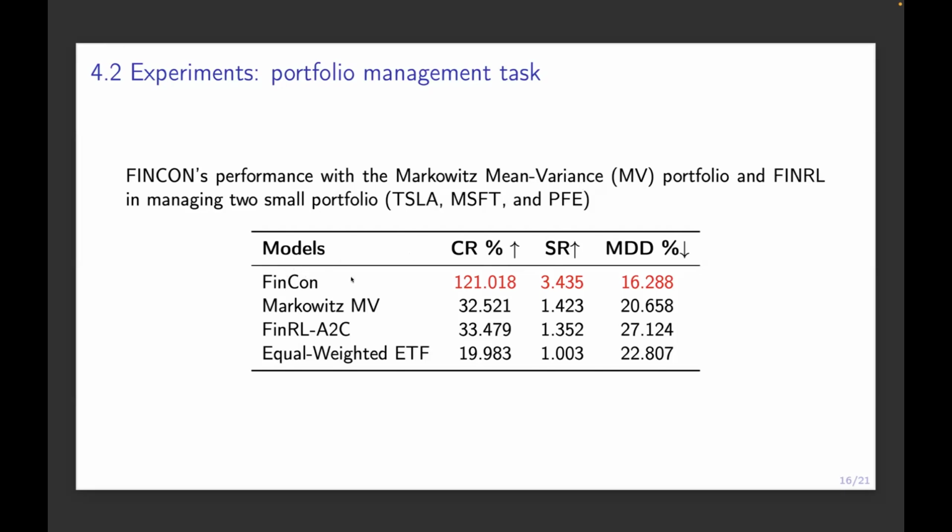We compared those portfolio performances with the mean variance portfolio strategy, which is a classical one in finance, and also with the FinRL A2C algorithm, and this equal-weighted ETF. The equal-weighted ETF represents the market, just like buy and hold in the single stock trading tasks. As you can see, FinCon also achieves impressive results. So this is for the portfolio management tasks.